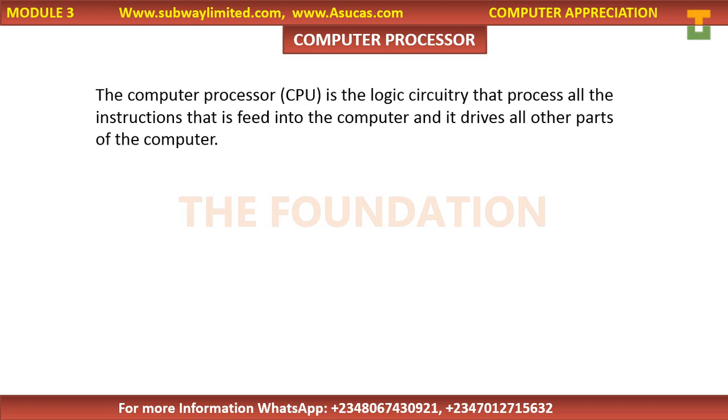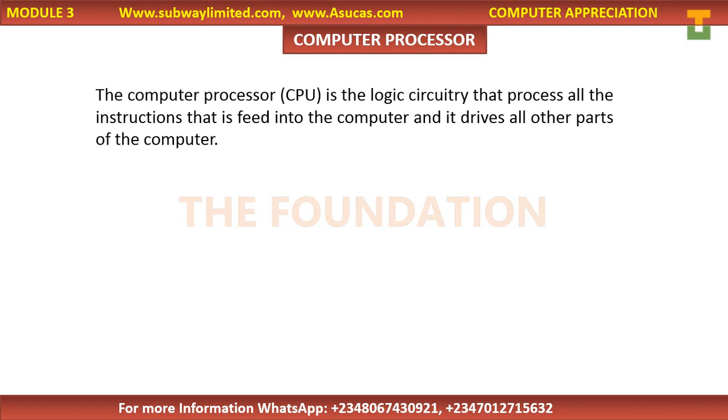The computer processor, CPU, that is the central processing unit, is the logic circuitry that processes all the instructions that are fed into the computer, and it drives all other parts of the computer. In real life, your brain is what controls every aspect of your life.